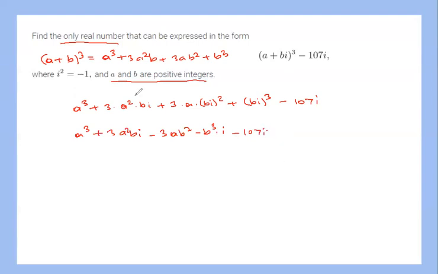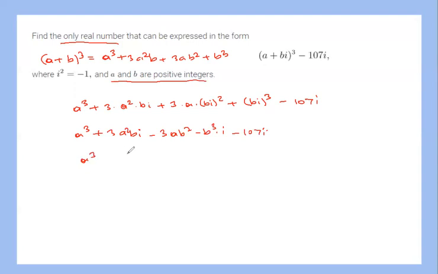What we are told is that there is a real number that can be written in this form. If it's a real number, then there is no imaginary part, which means the coefficient of i, when you write it as a complex number, should be 0. So let's do that.